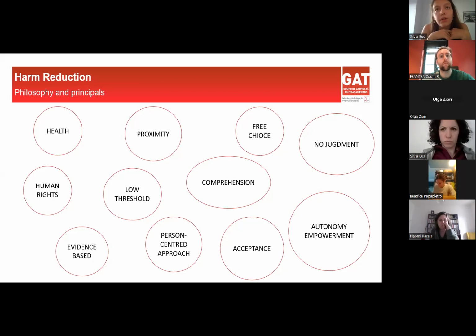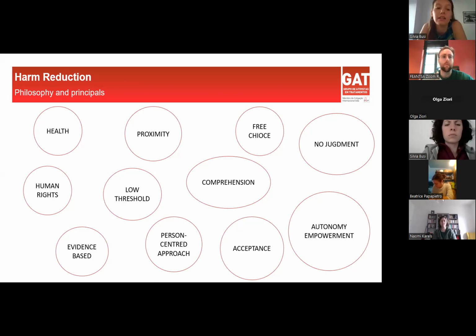When we talk about health in harm reduction, it's two ways. It's the individual health, for the person to have a safe use, not get any infection and have knowledge about the drug, but it's also a collective health, to avoid spreading diseases and avoid dangerous situations. It works both ways.